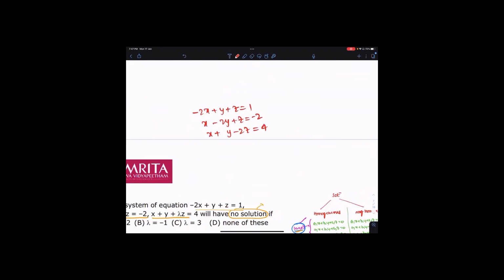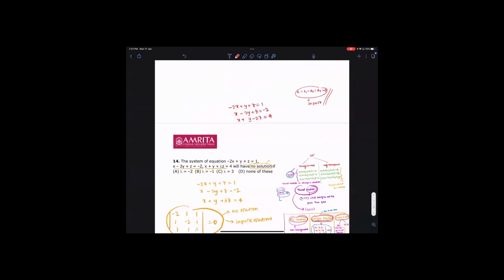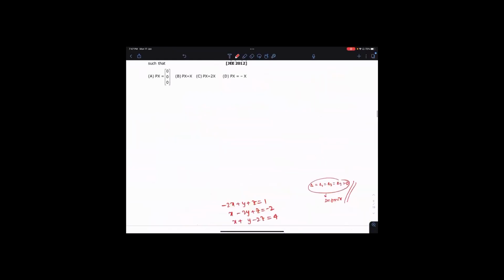Why? Because in Cramer's rule, they say if delta, delta 1, delta 2, delta 3 are all 0, then the system of equations will have infinite solutions. Correct? I will give you one example where this will fail. The example goes something like this. x plus y plus z equals 1. x plus y plus z equals 2. x plus y plus z equals 3.